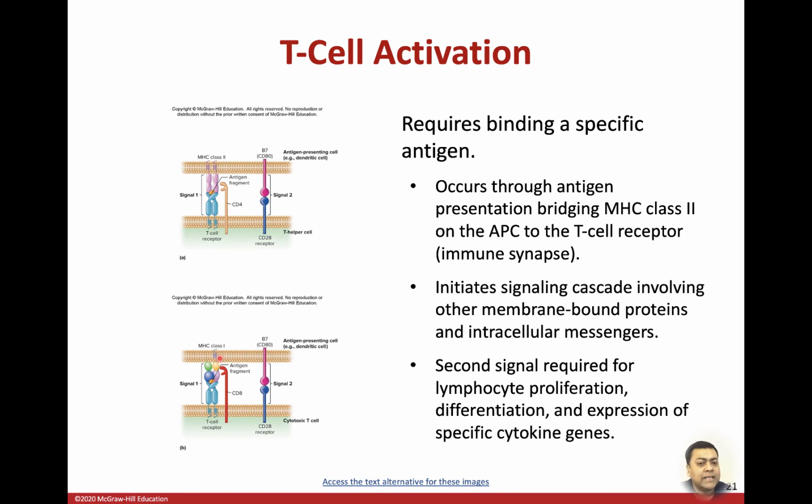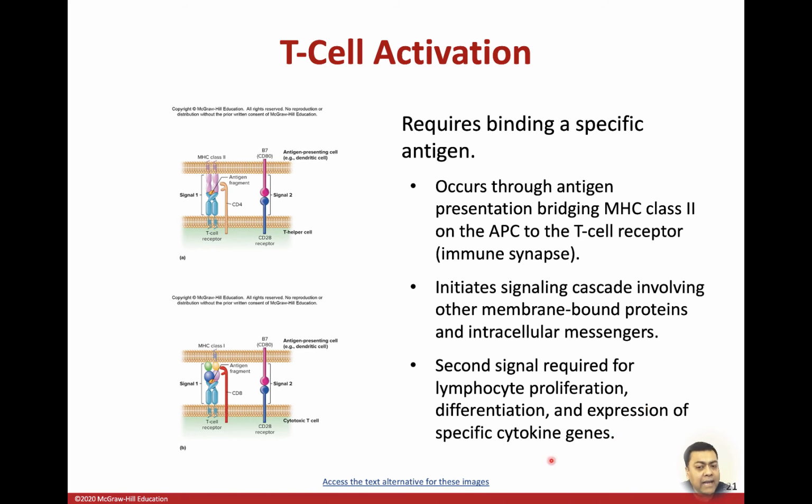And that's the reason that a normal cell will not be able to activate lymphocyte proliferation, differentiation, or expression of the specific cytokine. So what happens is that the CD8 will recognize that there is a foreign antigen, it will get activated and kill that cell, but it will not be able to activate the immune system.